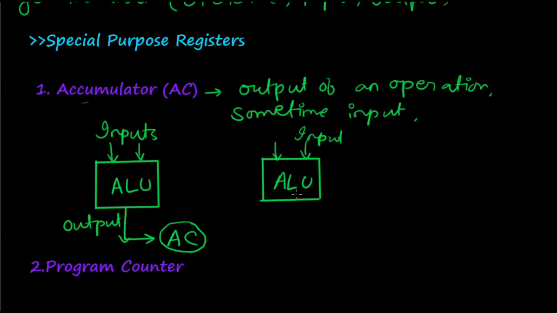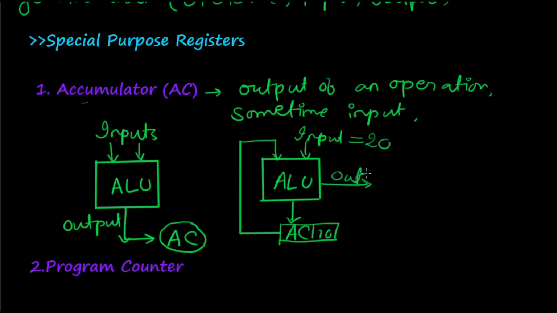Suppose previously the accumulator was storing the value 10. Now this 10 will be used as one of the inputs for this new operation. Suppose you have provided 20, so 20 plus 10 will be 30 as output. This is how the accumulator helps to store the result of operations.